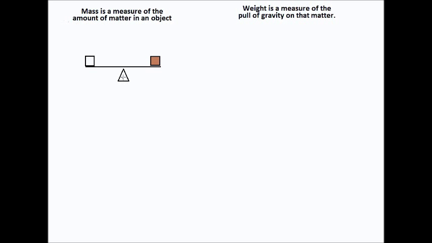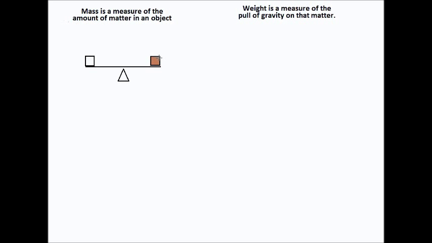And by the way, this balance will work whether it's on the Earth or on the moon, because it doesn't really depend on the quantity of gravity. It only depends on the gravity being there. There has to be some gravity to help you compare the masses on either side of that beam.